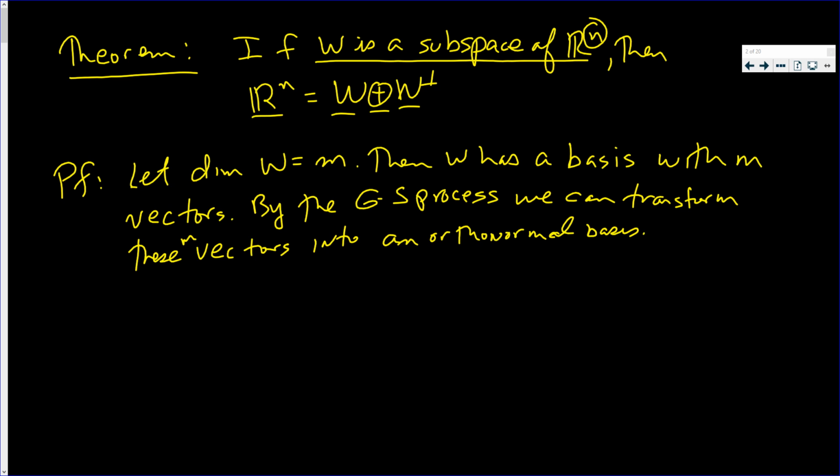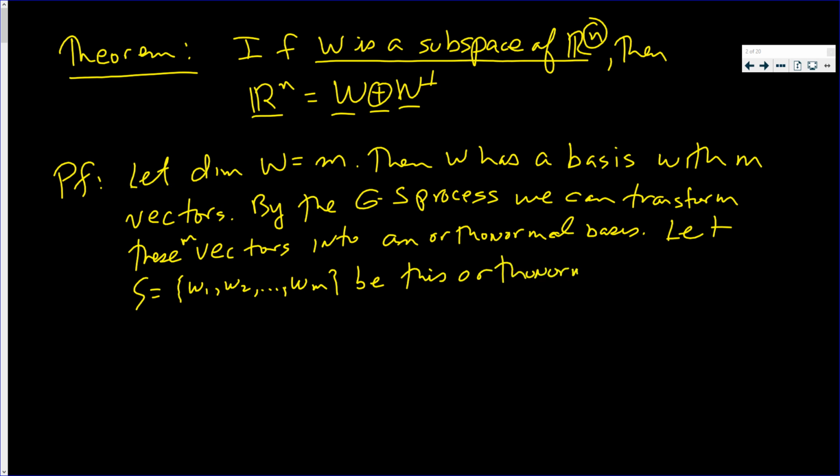Let S equal w1, w2, all the way down to wm be this orthonormal basis for W. Because the original basis was for W, we used the Gram-Schmidt process on this basis for W, and now we have an orthonormal basis for W.